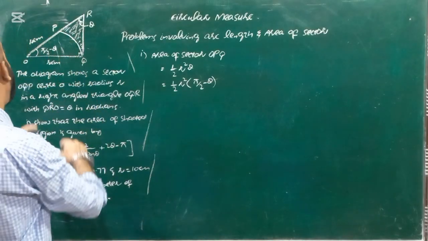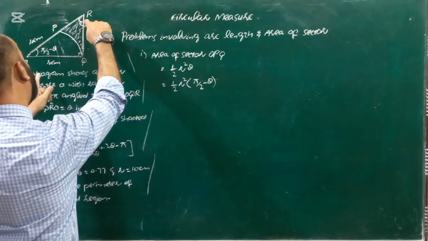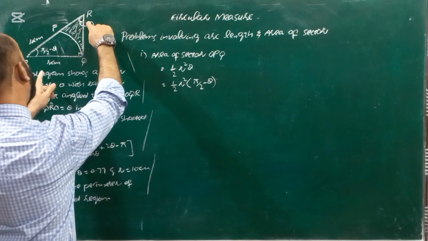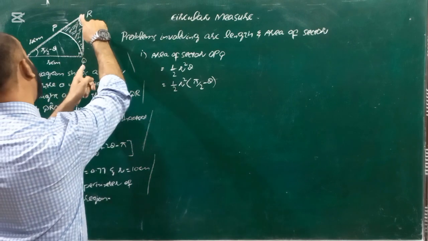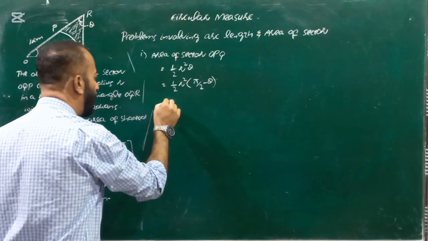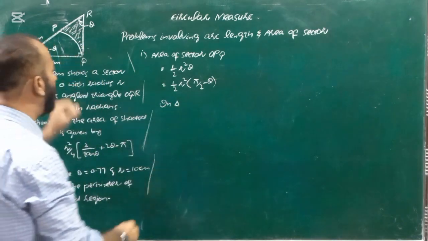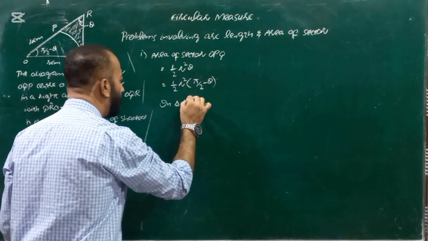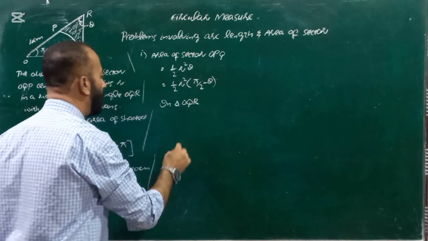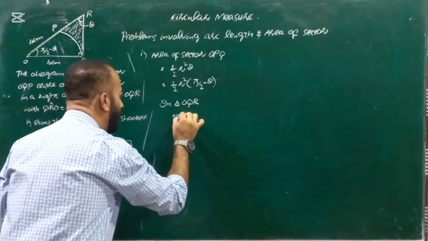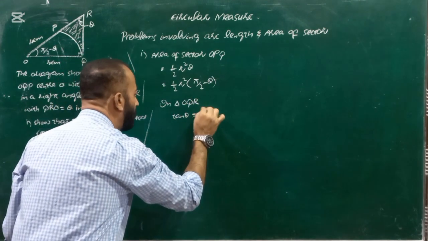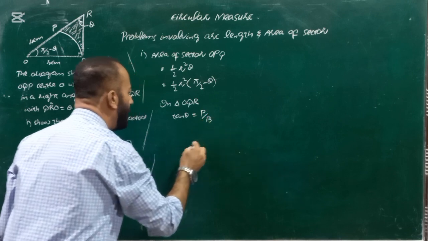Now in the triangle, actually this is the angle given in the triangle. So this perpendicular is given and base is missing. So in triangle OQR, tan theta is equal to perpendicular over base.